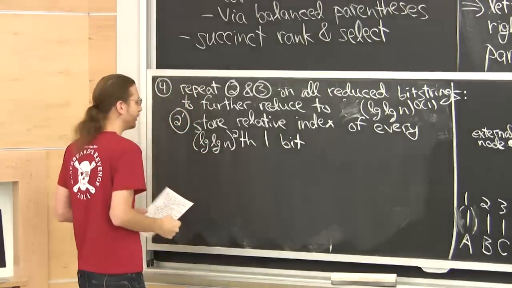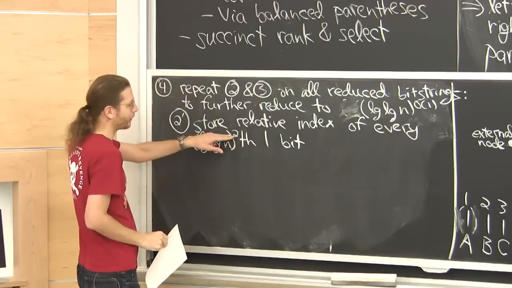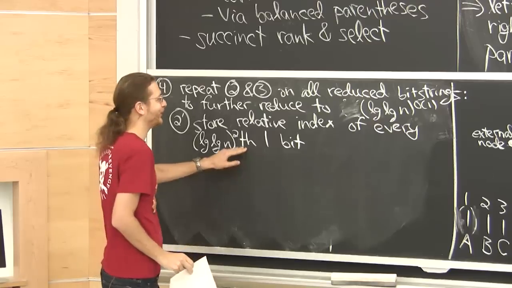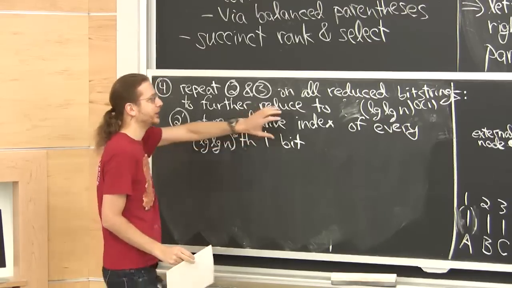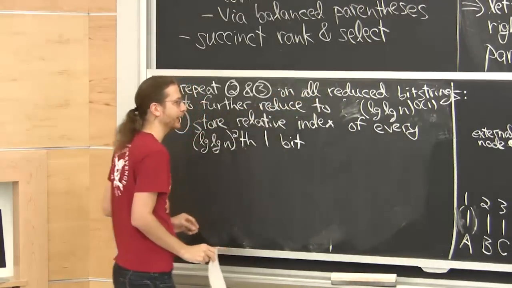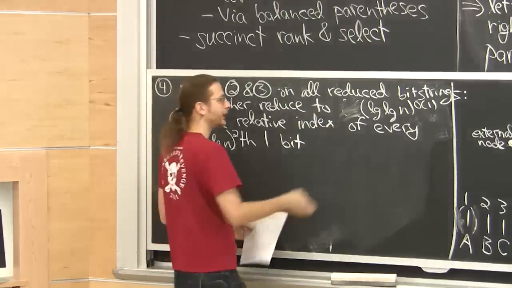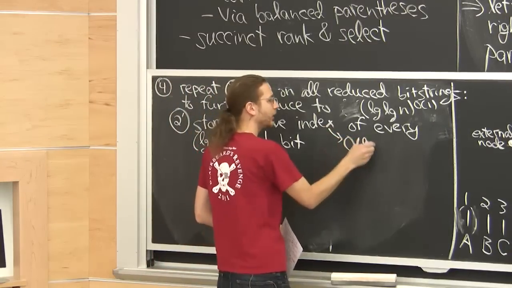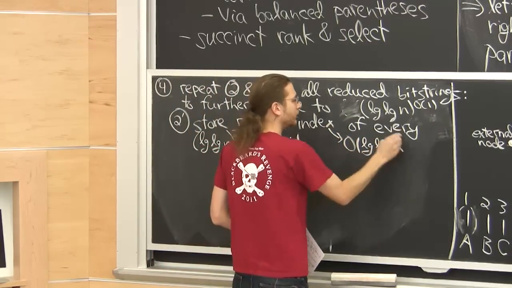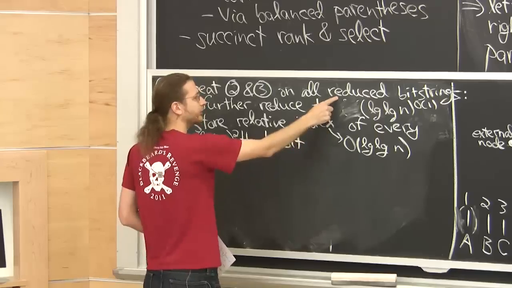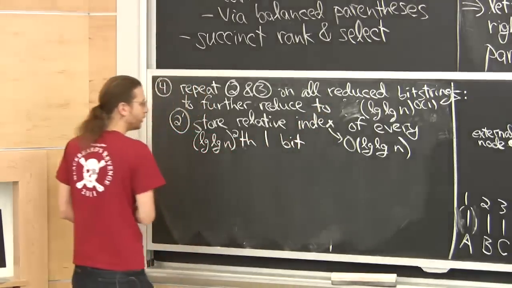This gets hard to pronounce, but every log n squared 1 bits, we're going to write down the relative index within the reduced string of size log n. So writing down the relative index only costs log log n bits, because we're in something of size log n, so writing down that index is short.